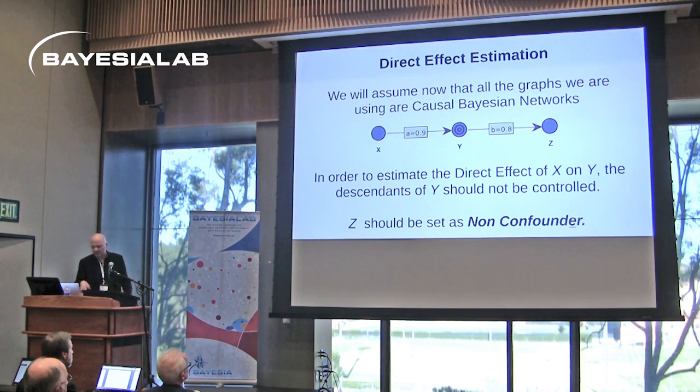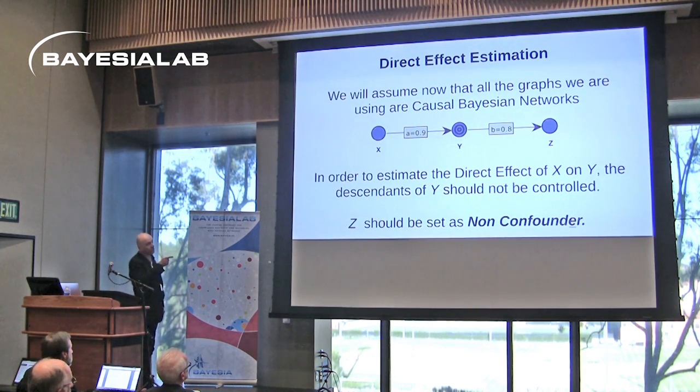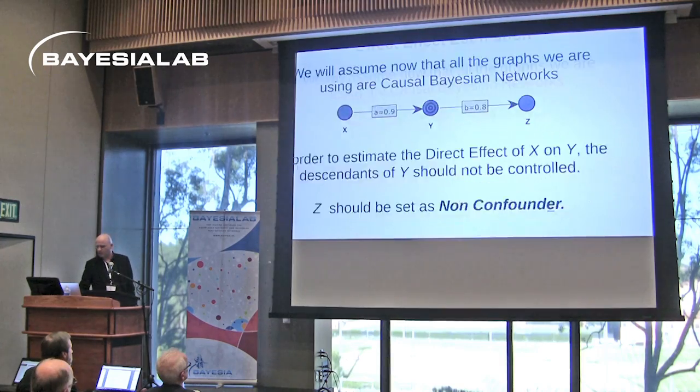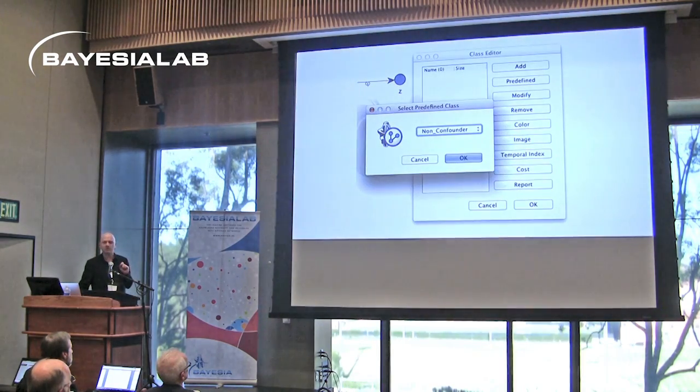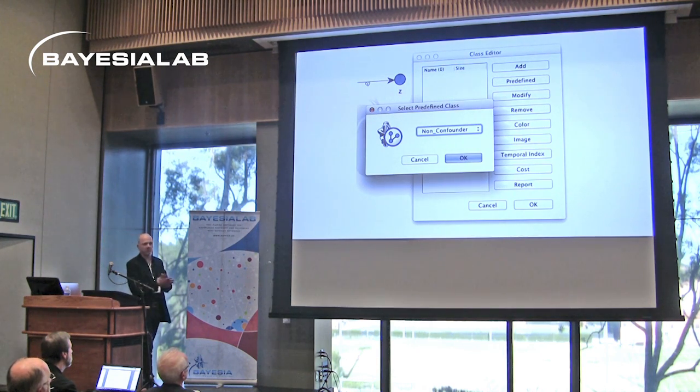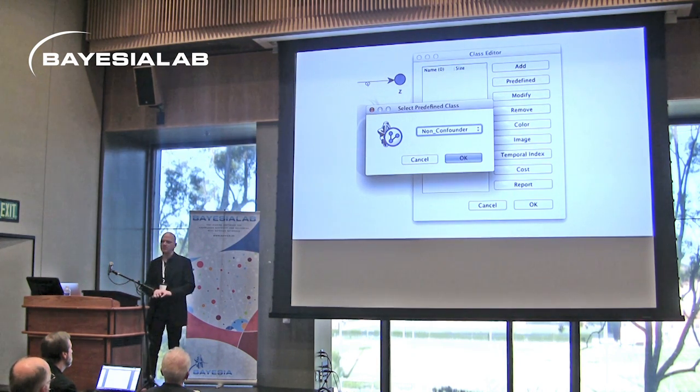And then in BayesiaLab, let's suppose you have this causal graph. You want to estimate the direct effect of x on y. You are looking, indeed, for the value of a here. That is given, but we want BayesiaLab to compute it. So you have to define z as a non-confounder. This is a way of indicating to BayesiaLab, please do not control this variable.